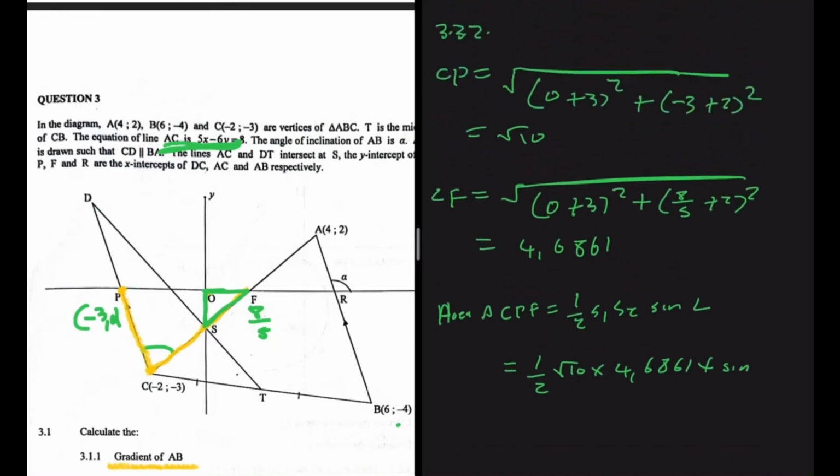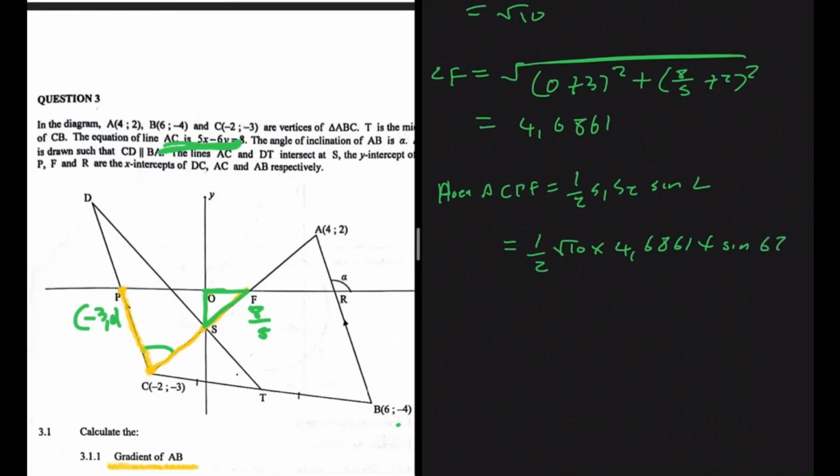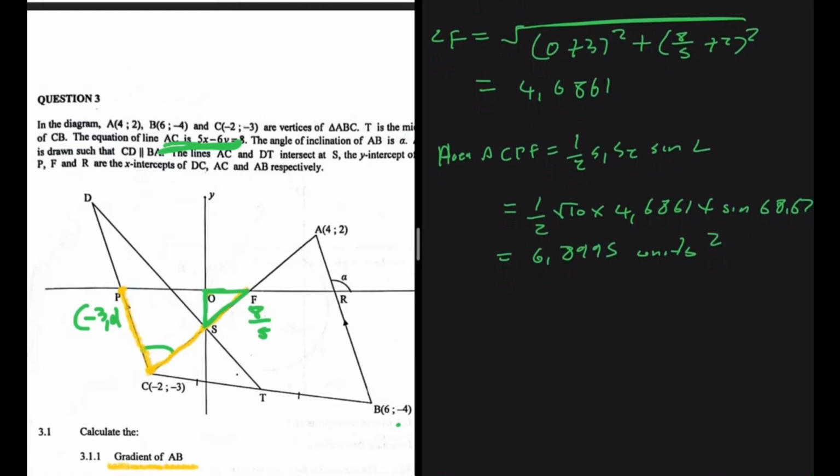We said that angle is equal to 68.62, and that should be equal to 6.8995 units squared, right?